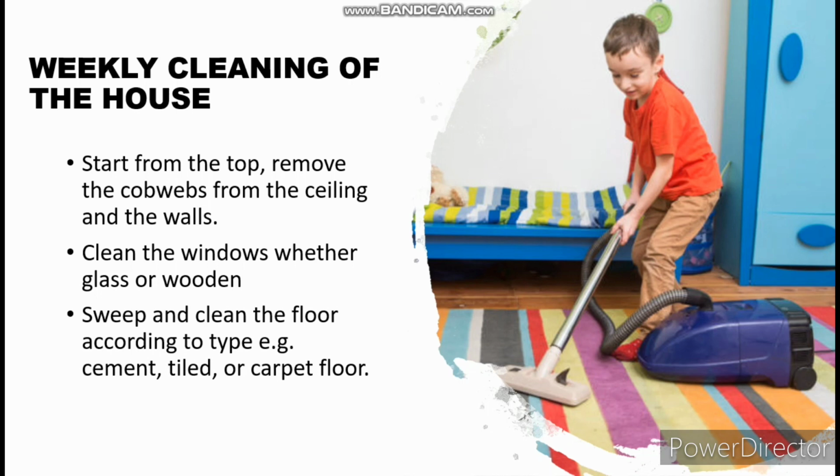Now, if you remember, we have different types of floor. We have mud floor, we have cement floor, we have tile floor, we have carpet floor. So it depends on the type of floor that you have at home. When you want to clean it, you clean it according to the type that you have at home.